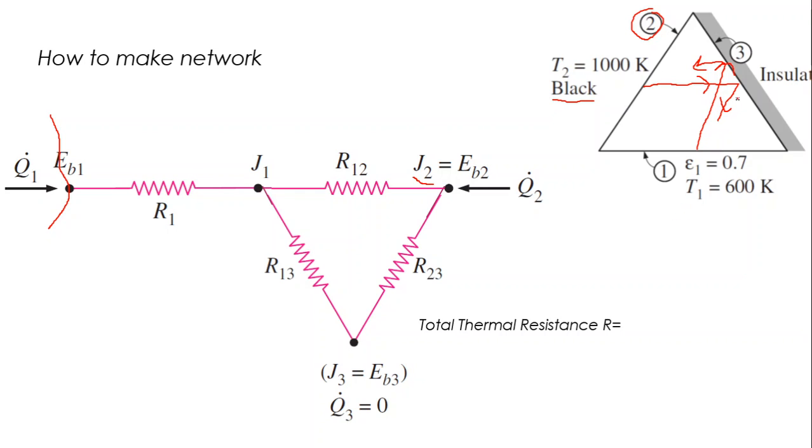So there will be space resistance, as you can see here. So space resistance between surface 1 and surface 3 will be equal to R13.